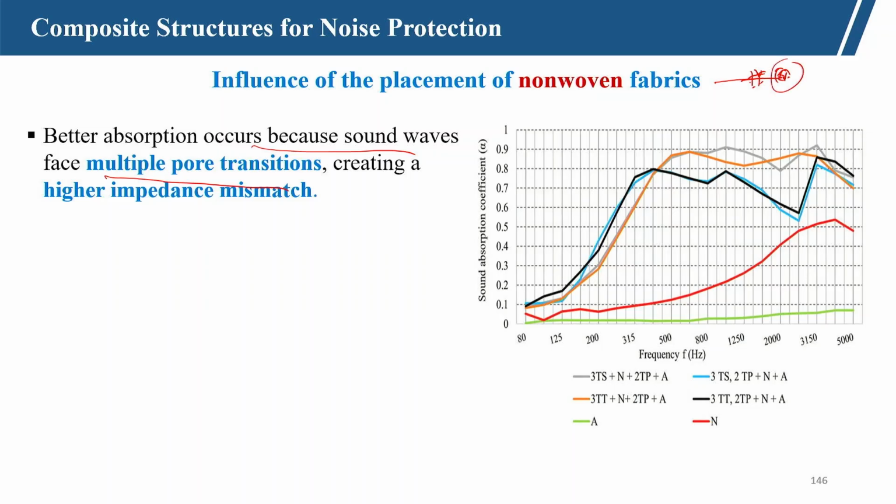So, multiple pore transitions will be there, which creates higher impedance mismatch. When sound waves pass through the multiple pores, the higher impedance mismatch will be there. That will result in a higher sound absorption coefficient.